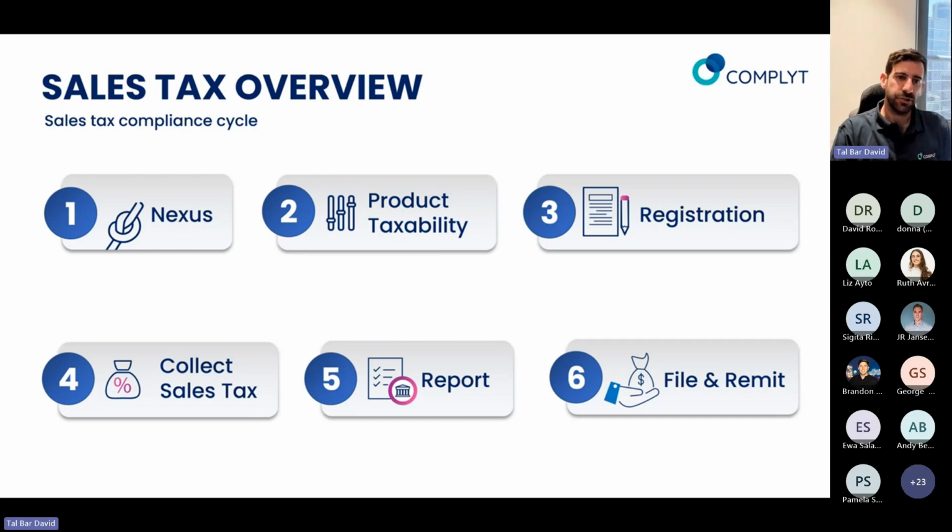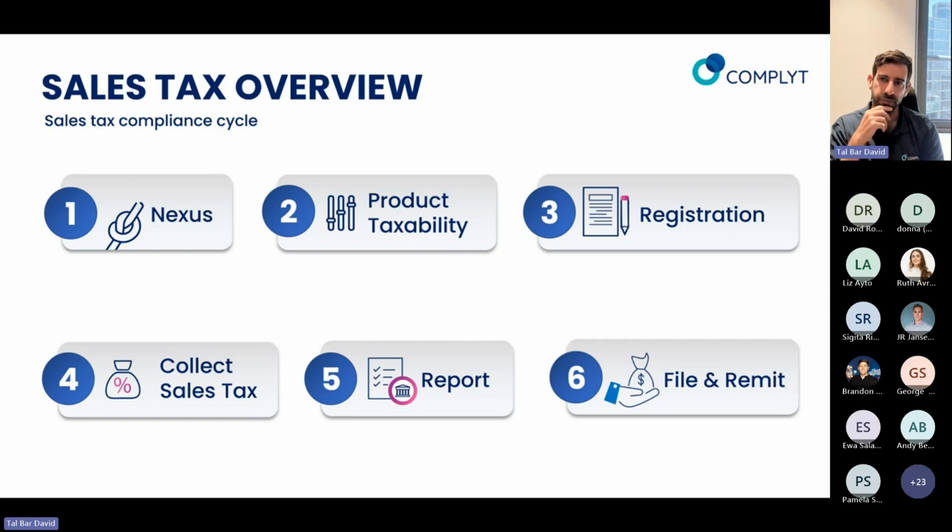So after you register, you start to collect the taxes from your customers, and you hold it for a certain period, depending on your frequency, and then you need to file a report to the state tax authority. And when you submit the report, you also need to pay and remit the taxes that you collected from your customers.